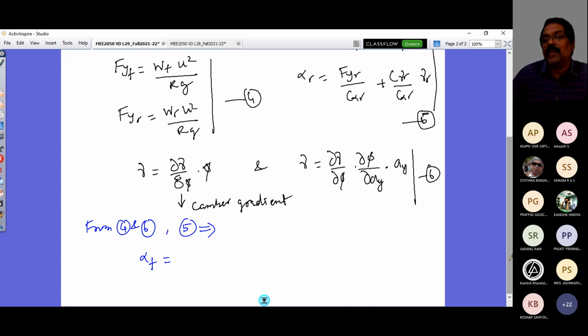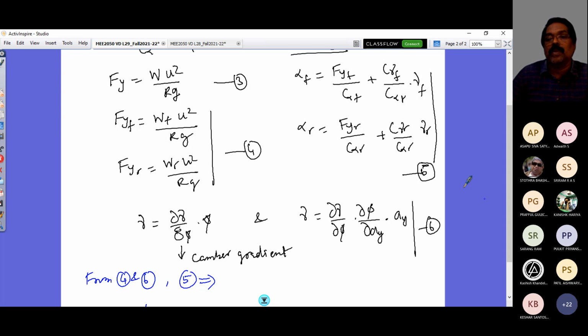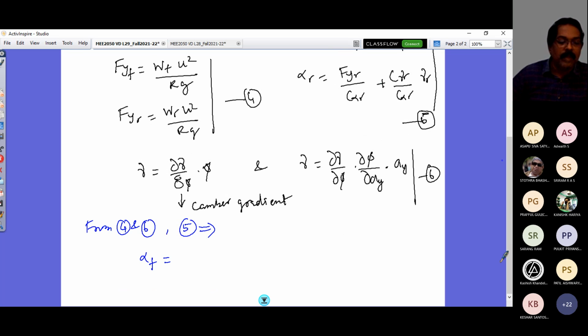Wf by C alpha f plus this term, which is going to be Wf by C alpha f into ay. Why do I write ay? You see, U squared by Rg is what is ay. So I just substitute in that.